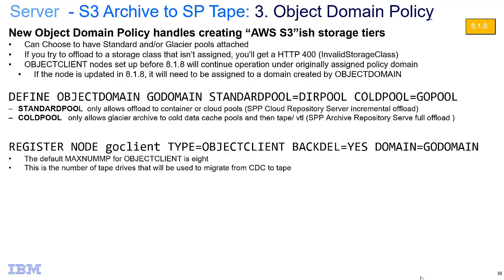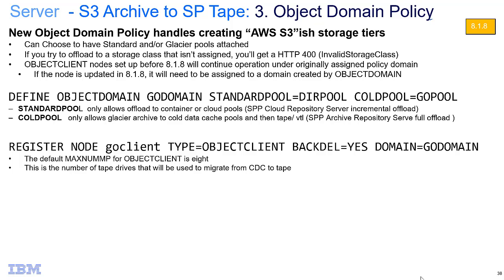Once you've defined your cold data cache, if you're using command lines, then you'll have to define an object domain policy. And this is where we have to do the standard and the cold pool. The object domain policy is emulating AWS S3-ish storage tiers, where you can choose to have data be offloaded into a standard or into cold.